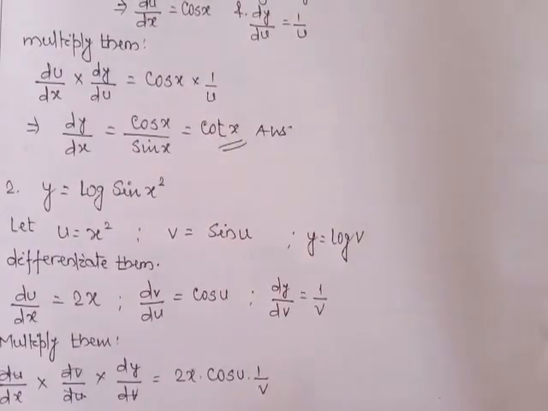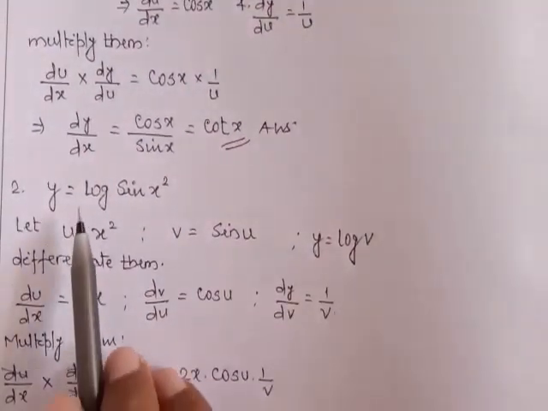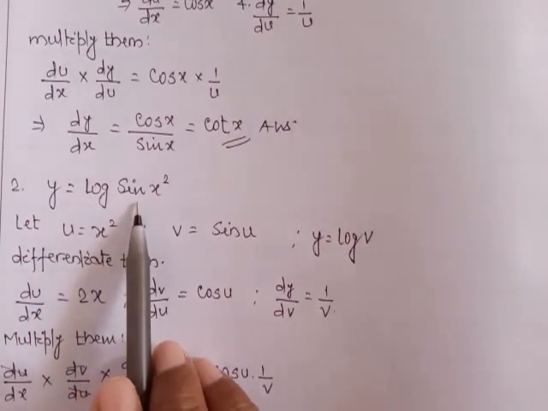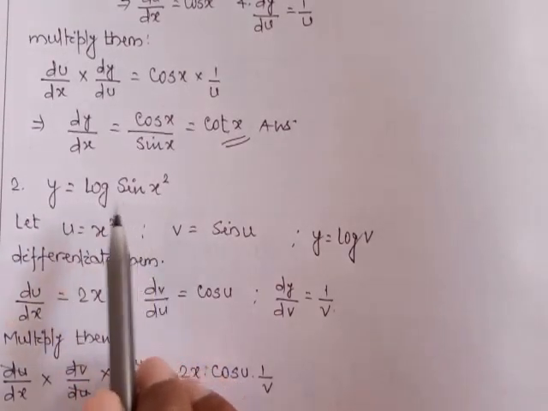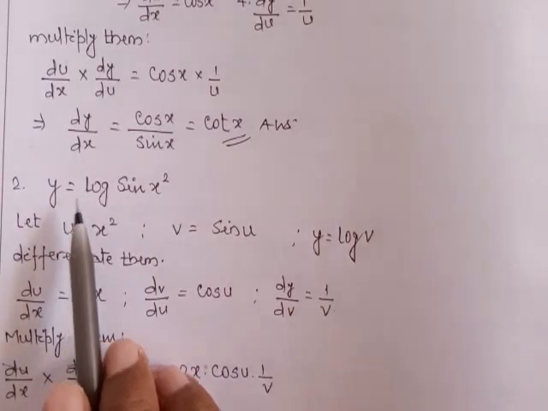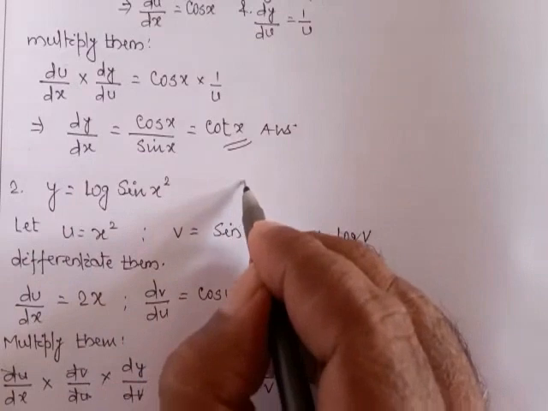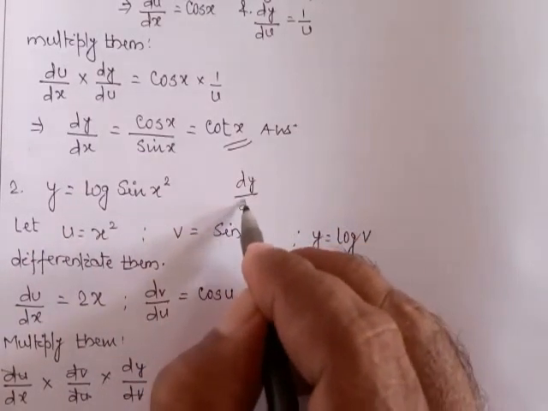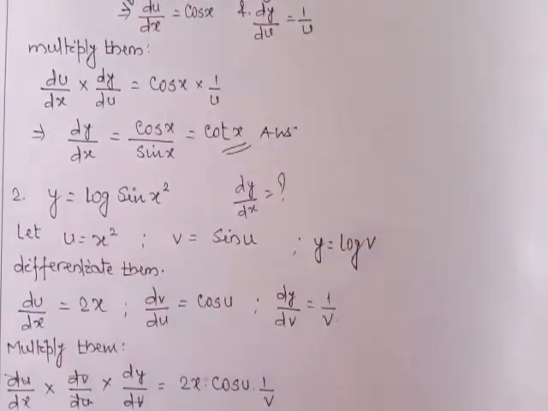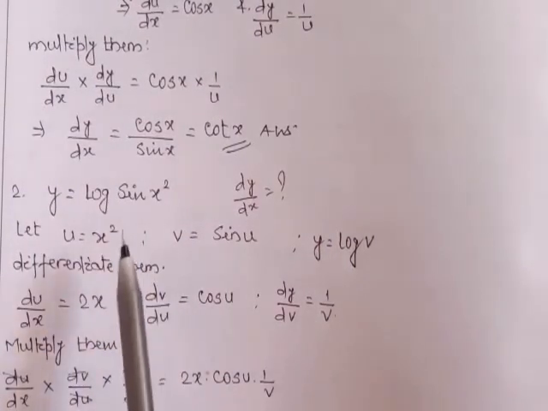The next question is log sin x square. As usual, consider it as y. So y is equal to log sin x square, and it requires to find dy upon dx. Here you have three functions.